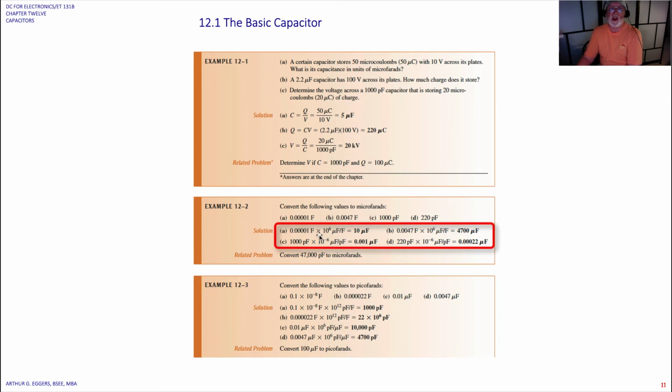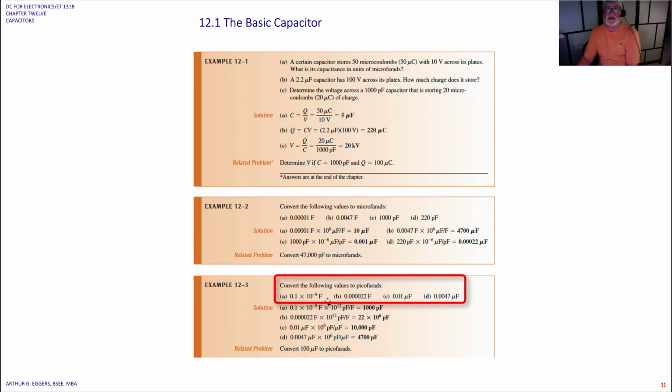So notice we changed the exponent here to get the conversion relationship that we were looking for to change picofarads into microfarads. And finally, 220 picofarads, the same conversion gives us 0.00022 microfarads. Okay, so the key to the conversion is in choosing the correct conversion relationship.